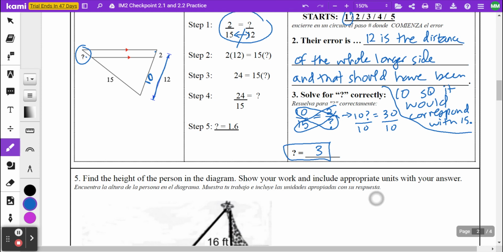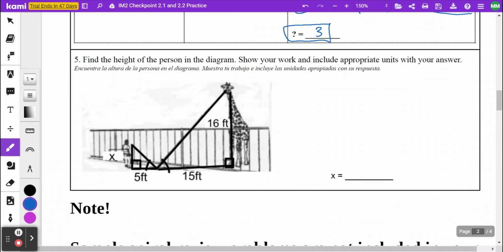We continue. Number 5, find the height of the person in the diagram. Show your work, and include appropriate units with your answer. I see that I have 2 right triangles. They have all 3 angles the same size, because the missing angle must be whatever it takes to get to 180 from 90 plus the congruent angle.